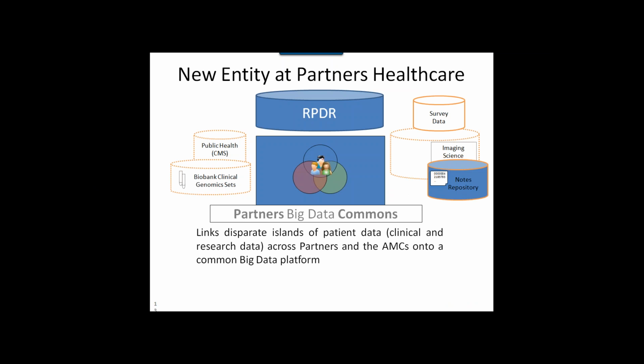At our institution, we've for a while had this entity called the Research Patient Data Repository, or the RPDR. This is a tool that basically lets anyone who has access to it sit down at their desk and ask questions like how many patients were seen in our network who had heart failure, and you can then ask how many of those patients, for example, got readmitted after an admission for heart failure, and of those patients, what was their serum sodium level.